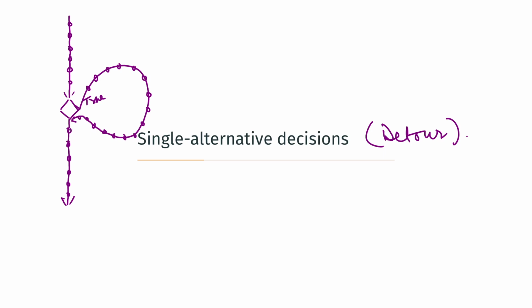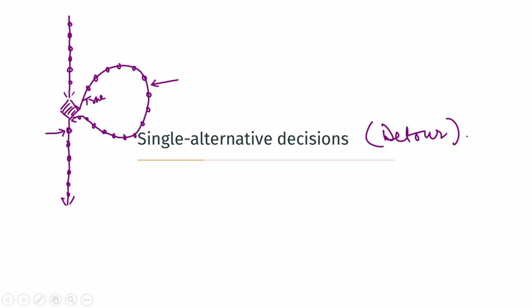So this statement would be executed no matter what, regardless of whether or not you make that detour. These set of statements would be executed based on the decision that you take at this point. So that's how single alternative decisions work.